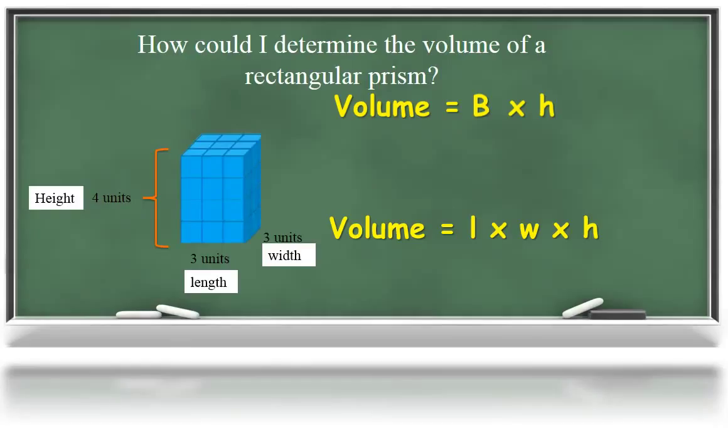And if you plug in the values for each of the dimensions, you could see that 3 times 3 would give you 9, times 4 for the height would give you a total of 36 cubic units of volume for a rectangular prism.